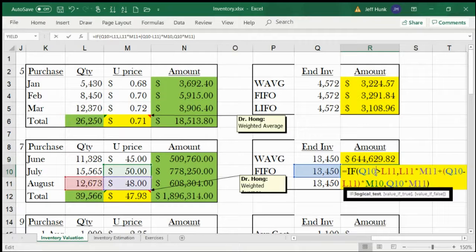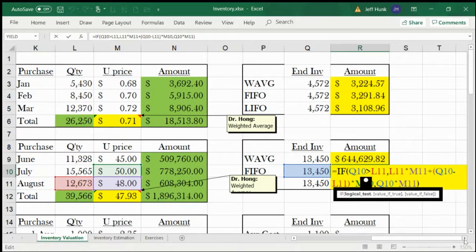FIFO, the same logic there. Oh, it's a little more complicated here. Why? Look, it looks the same thing.